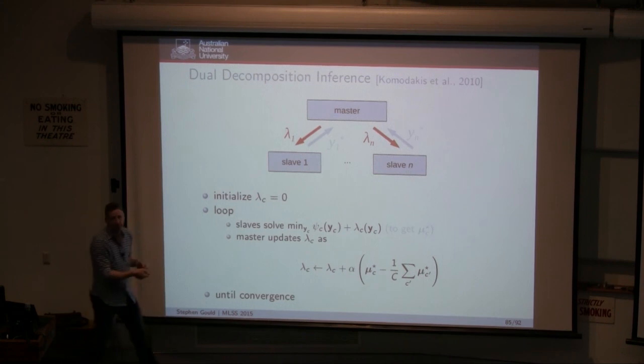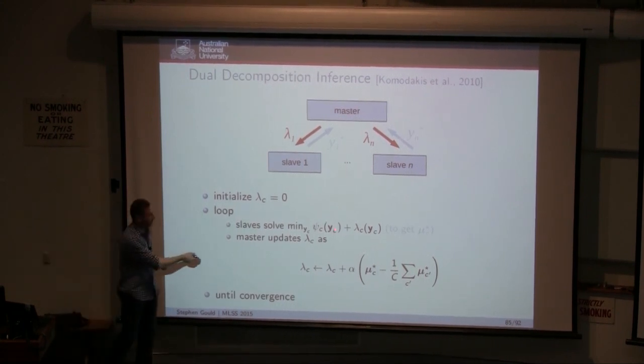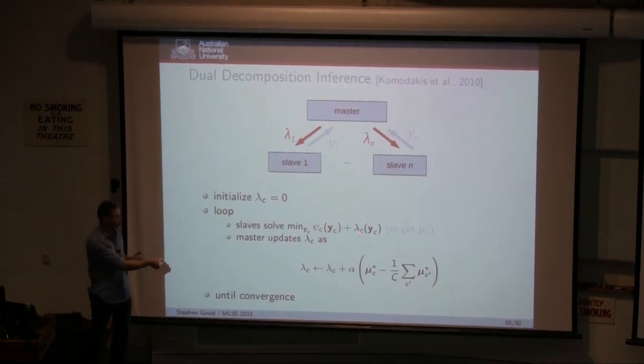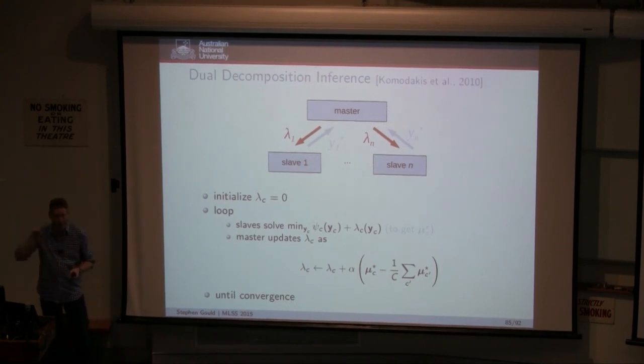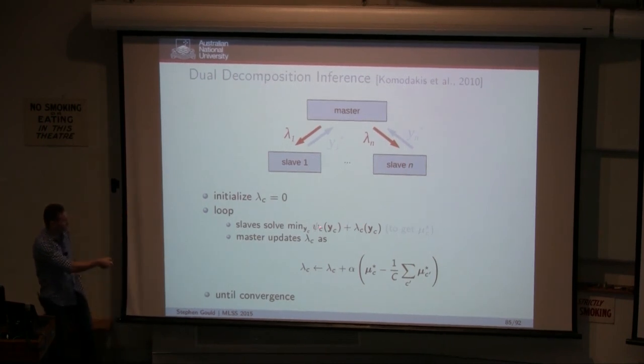You need to be able to do this in a tractable way for dual decomposition to work, and if you can write down your model, you can normally do that, because this is a clique potential or a factor over a subset of variables, and these Lagrange multipliers are usually defined over just single variables. So each slave can solve this problem.